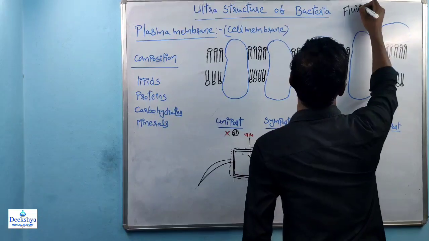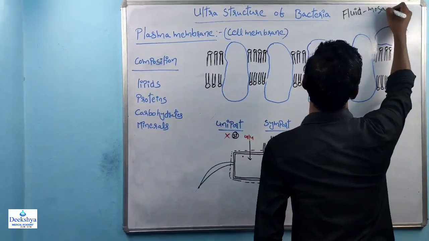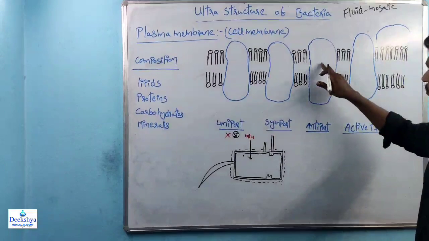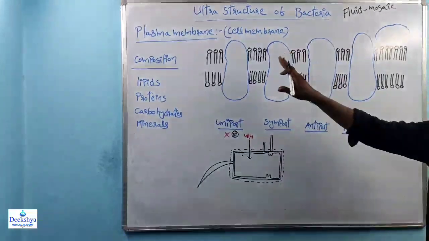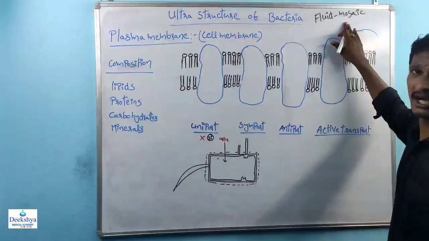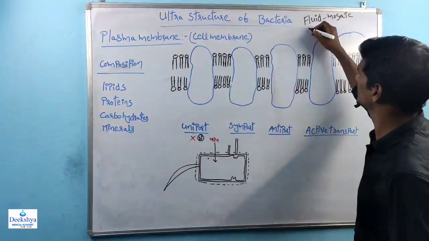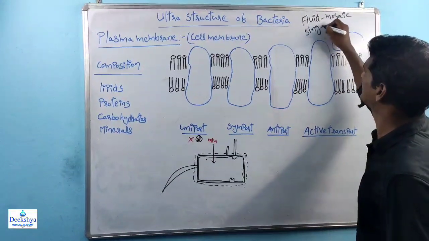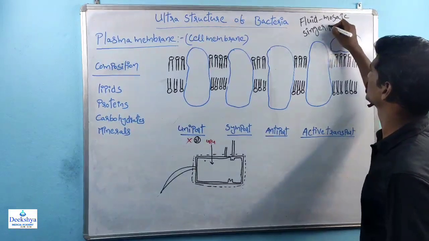The most accepted model for the arrangement of proteins and lipids within plasma membrane is the fluid and mosaic model, proposed by Singer and Nicolson.